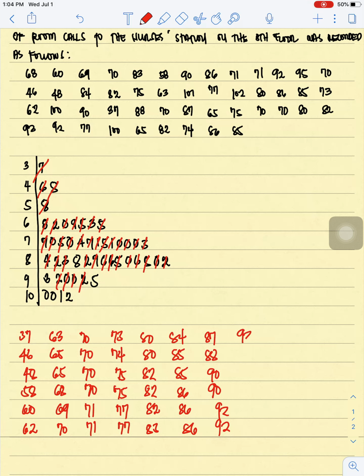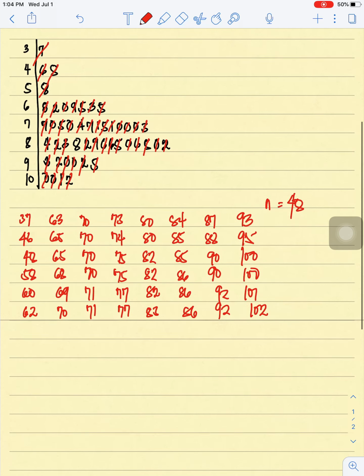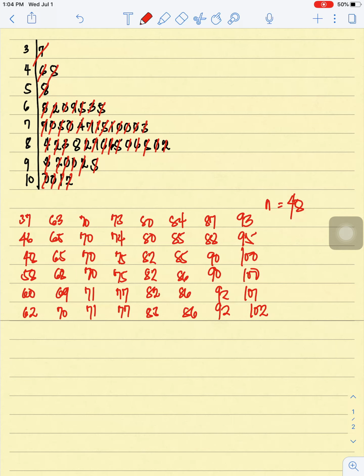Then 93. 95. 100. Then 101. Then 102. So we have there 1, 2, 3, 4, 5, 6, 1, 2, 3, 4, 5, 6, 7, 8. We have there N is 48. Next we have here our ungrouped data.